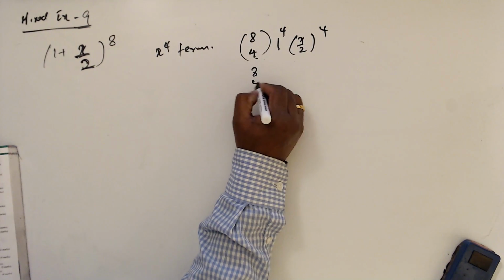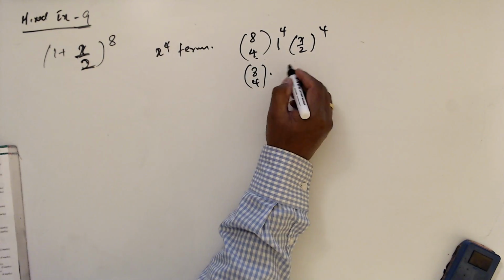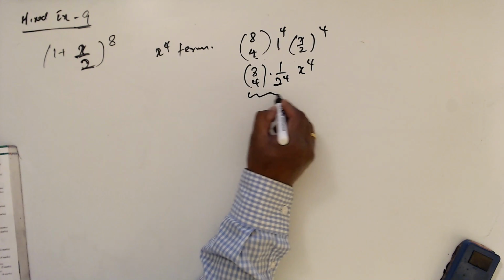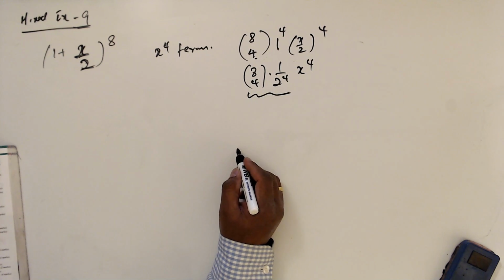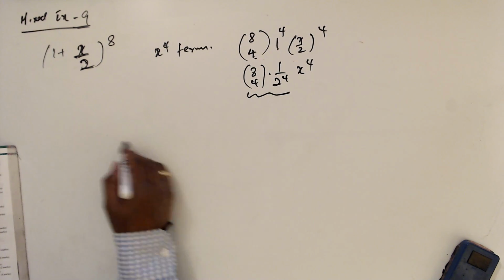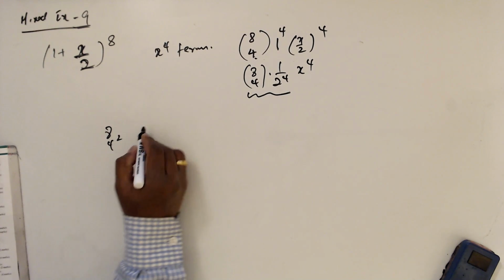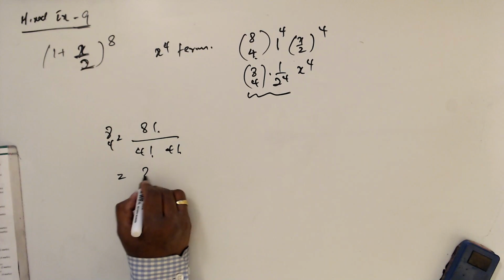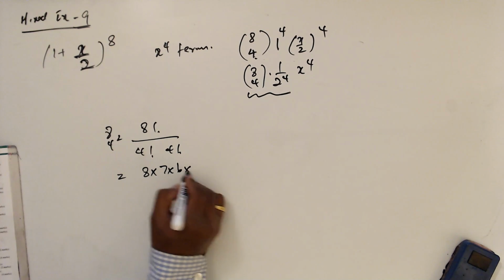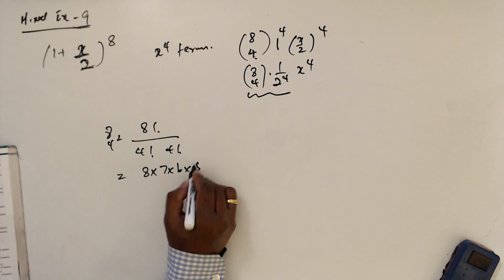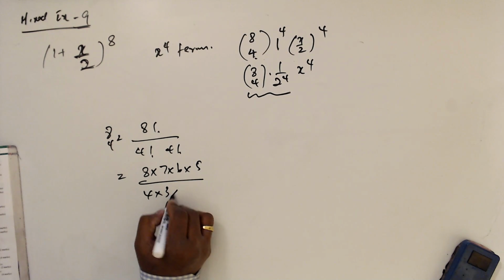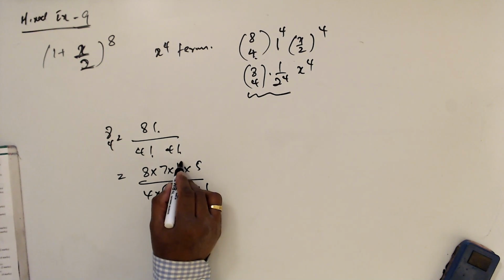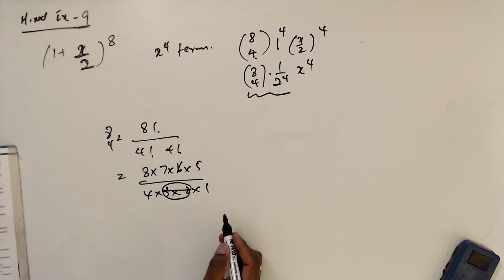So this is 8C4 times 1 over 2⁴, x⁴. Now the coefficient of this one is 8C4, which is 8 factorial over 4 factorial times 4 factorial. 8 times 7 times 6 times 5 over 4 times 3 times 2 times 1. 3 times 2 is 6, and this 6 cancels out.